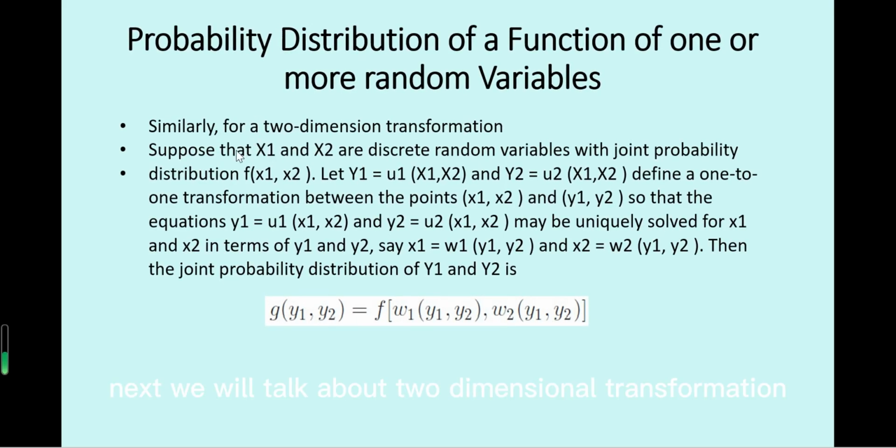Next we will talk about two-dimensional transformation. Suppose X1 and X2 are discrete random variables with a joint probability distribution f(x1, x2).